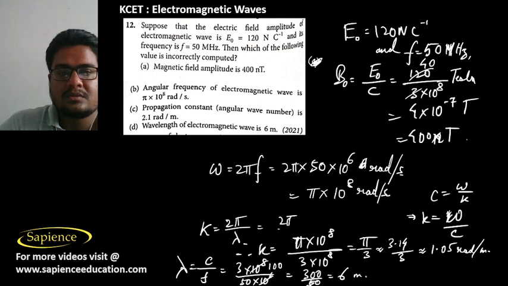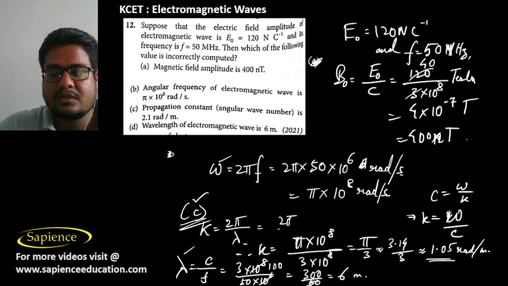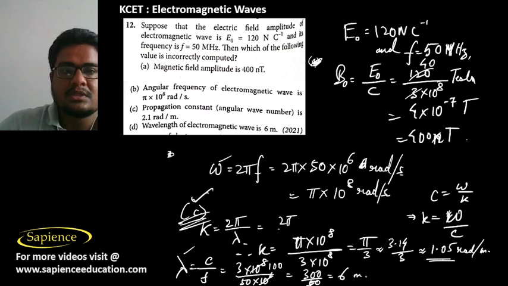Therefore, all the options are correctly computed except option C. Since in option C it is told the angular wave number is 2.1 radian per meter, but actually it should be 1.05 radian per meter. Option C is the correct.